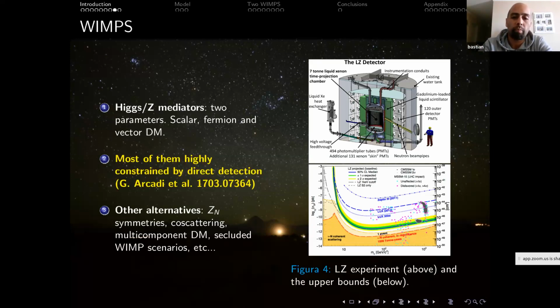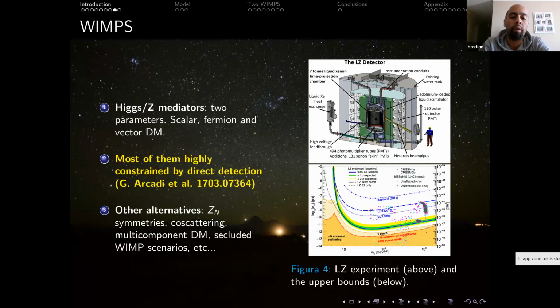There are other alternatives too, in order to construct these WIMP ideas, going to more complex symmetries, for instance, using these ZN symmetries. Sometimes you have to add more than one particle in those scenarios, or you can go beyond the typical freeze-out that I showed you, or even beyond co-annihilations.